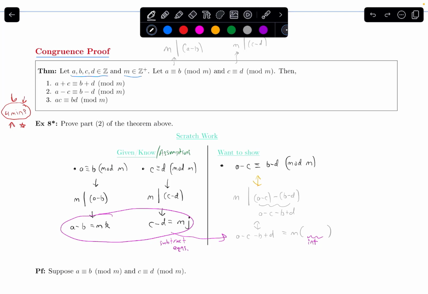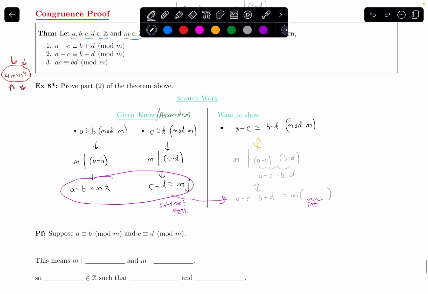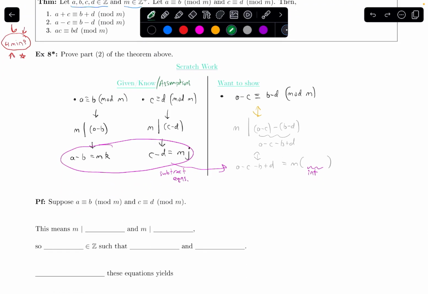Then I break down the definitions of what that means. The first part means m divides a minus b, and the second part means m divides c minus d. This is where the scratch work comes in handy, because we've done the real work already.